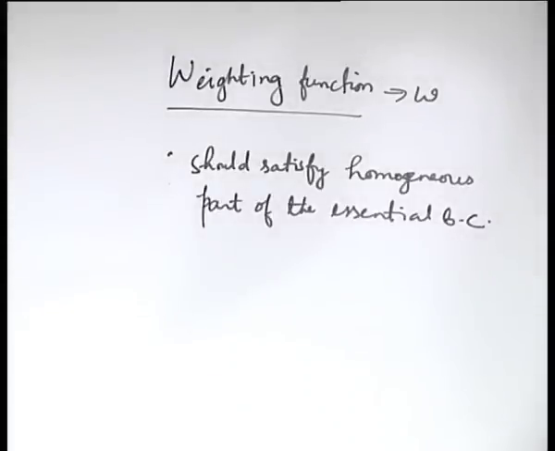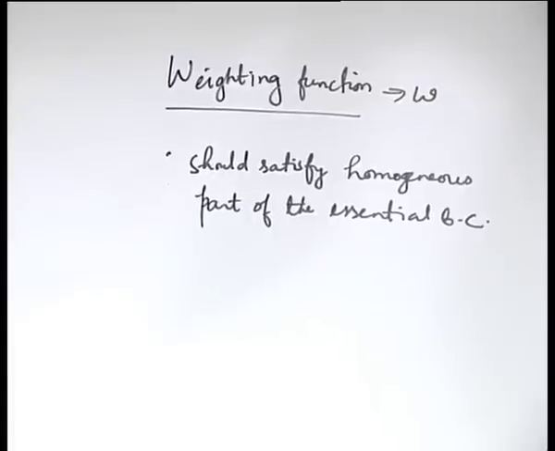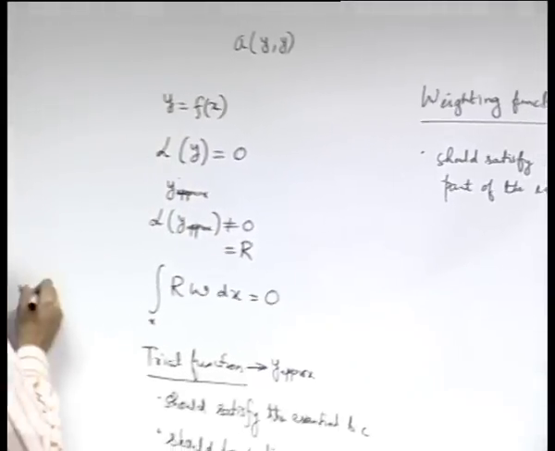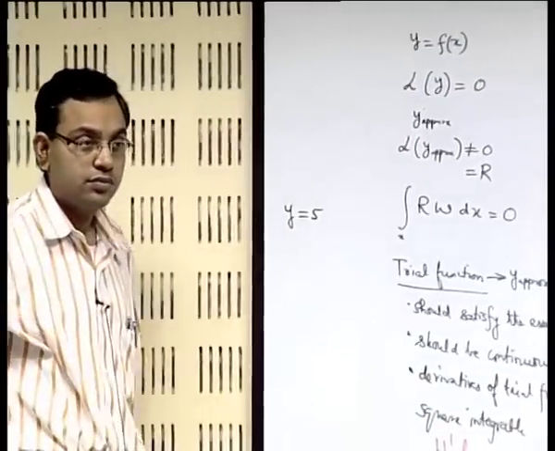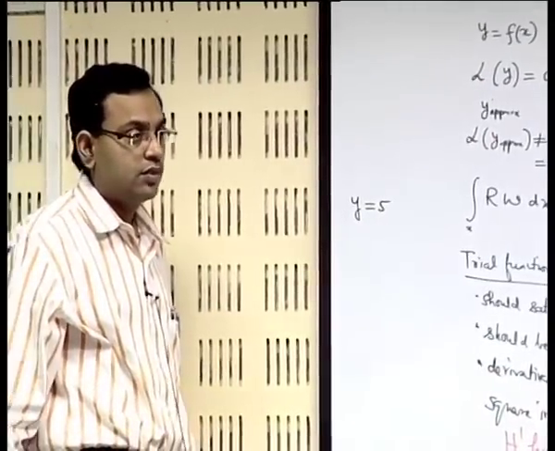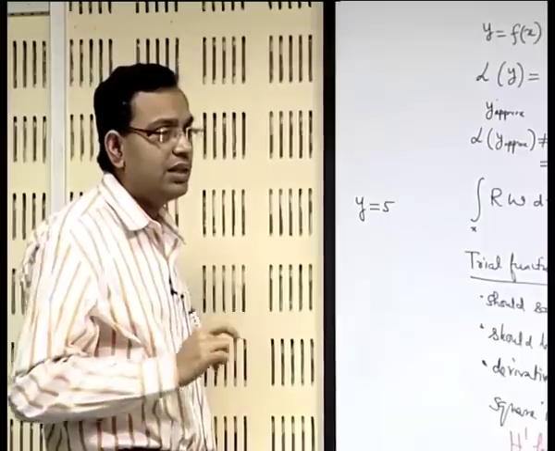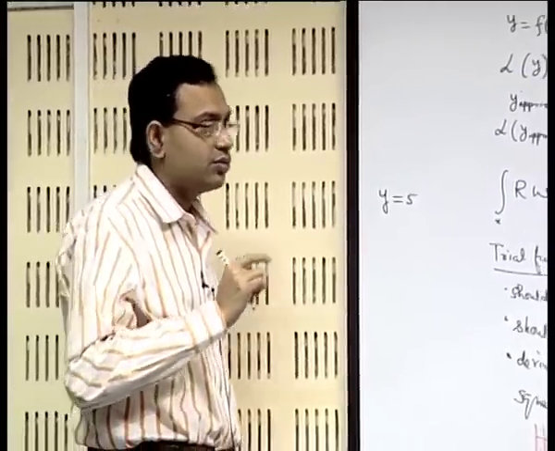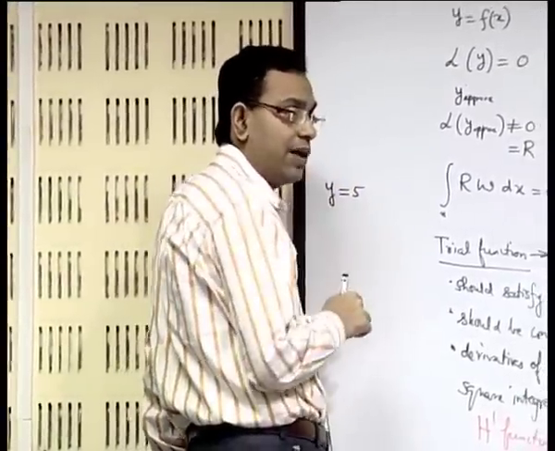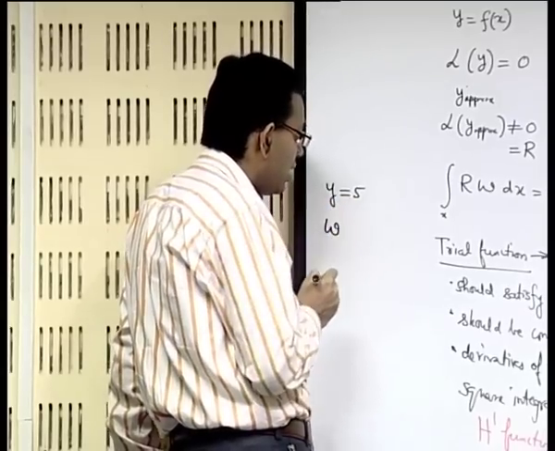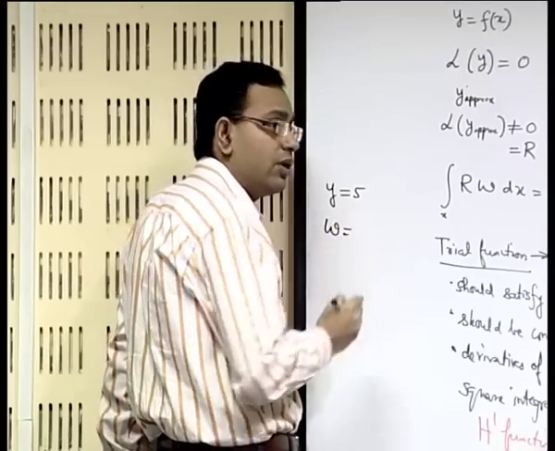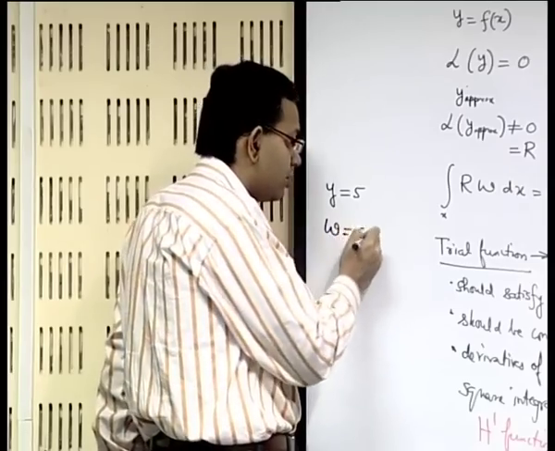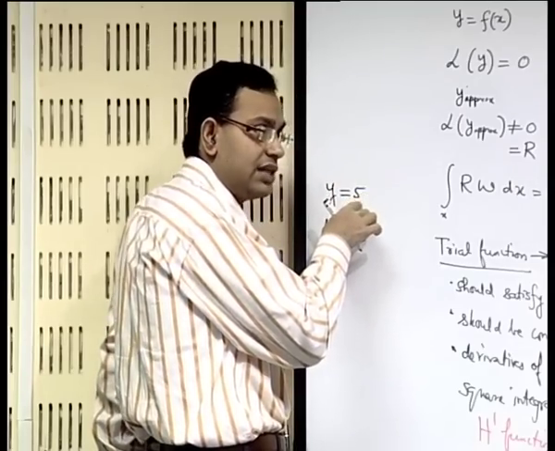What is the homogeneous part of the essential boundary condition? Let us say you have a boundary value problem with y at one of the boundaries equal to 5. The weighting function should satisfy its corresponding homogeneous part. So, the weighting function should satisfy the requirement that it is equal to what? It is equal to 0. Homogeneous means the right hand side is 0.